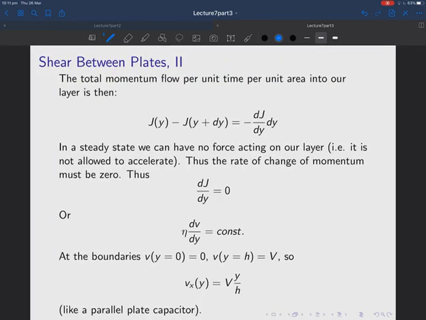Therefore the total momentum per unit time per unit area into our volume is given by j of y in minus j of y plus dy out, which is minus dj dy.